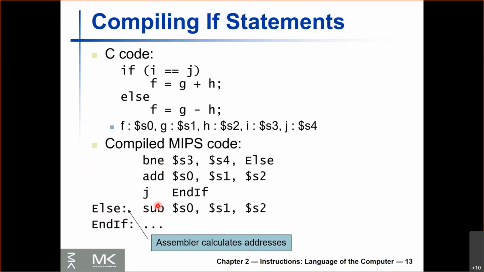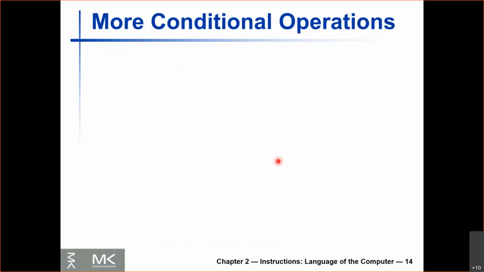This assembler is going to replace the value of else with the address that the sub instruction ends up being placed at. We will look later at how we're going to encode the branch instruction and particularly this else label as a binary value.